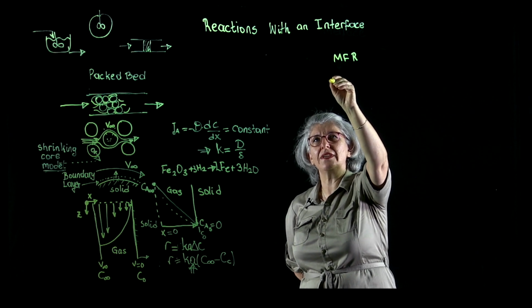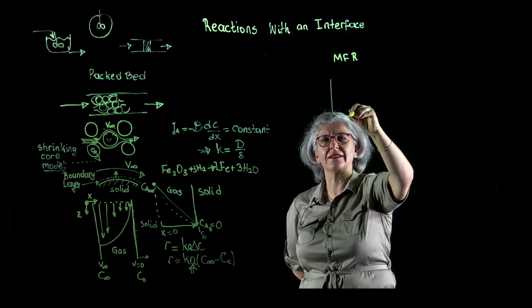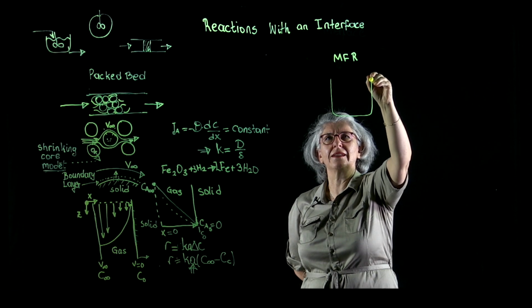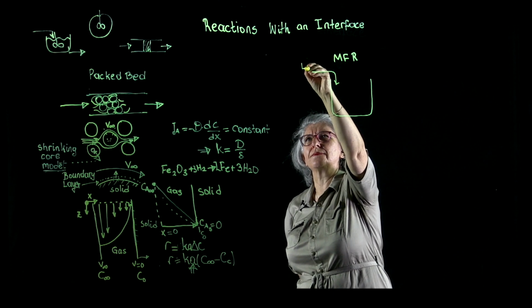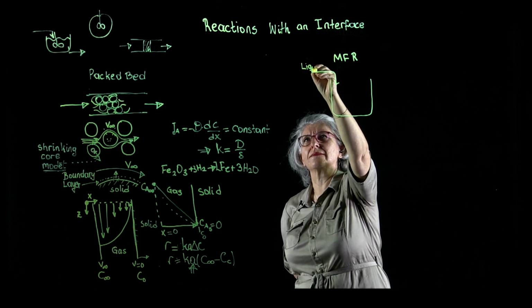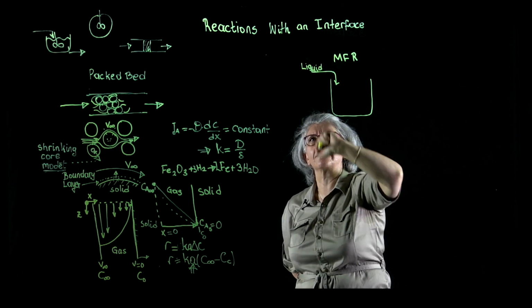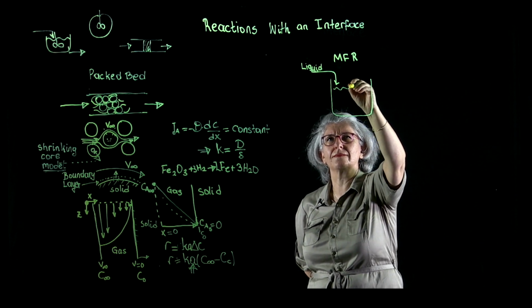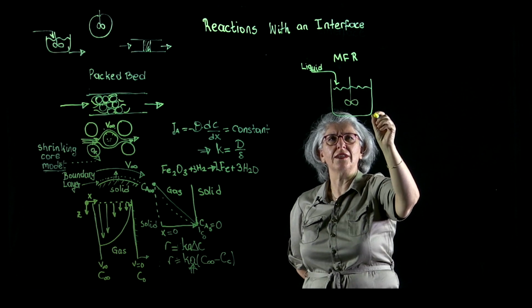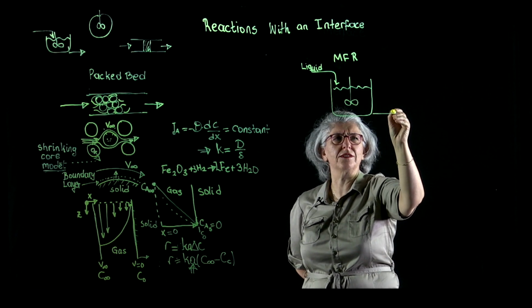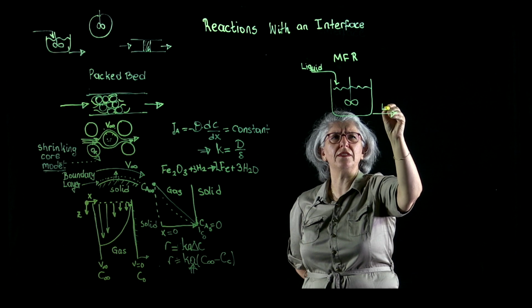In our mixed flow reactor, you're going to have a liquid phase coming in. We have an impeller. Now we are used to this type of configuration. We have liquid phase leaving the system.